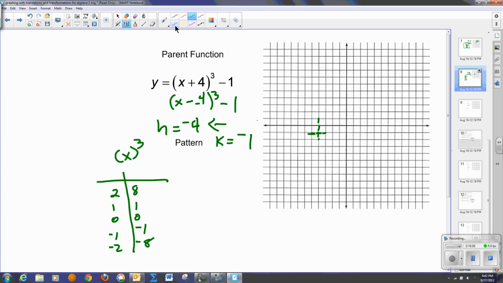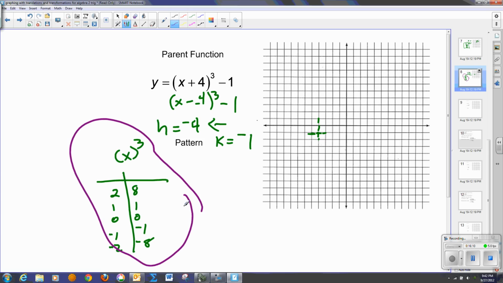Then I'm going to graph the pattern of y equals x cubed from this new origin. So I'm going to go over 1 and up 1, over 2 and up 8, 2, 4, 6, 8, and back 1 and down 1, and back 2 and down 2, 4, 6, and 8.